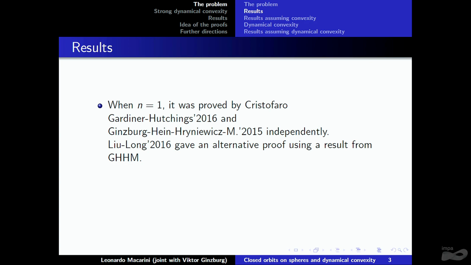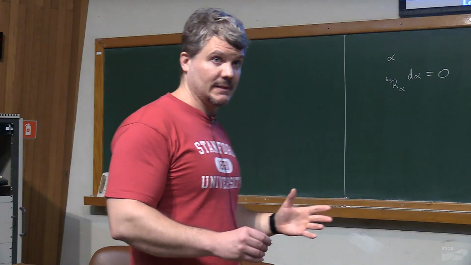And Liu Long gave an alternative proof using a result from my joint work with Victor, Doris, and Umberto. Okay, but the first proof actually was given by Cristofaro-Gardiner and Hutchings. So the conjecture is true when the dimension is 3, so when n is equal to 1.